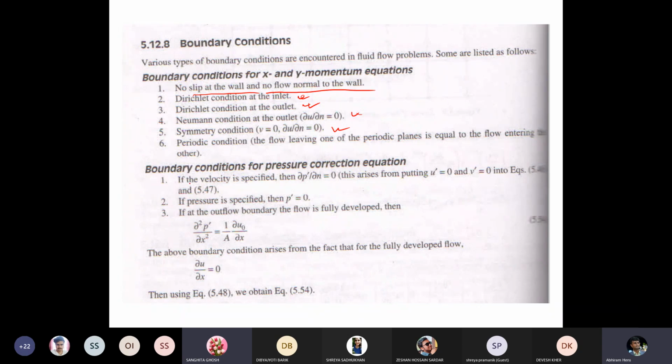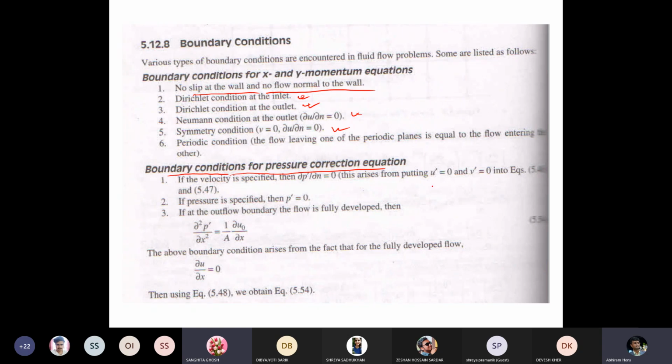Now this is important: how to put the boundary condition for the pressure correction equation. We know the boundary conditions for momentum and continuity equations, but here we will not solve the continuity equation directly, but in the form of the pressure correction equation. If the velocity is specified, then del p' by del n equals 0.